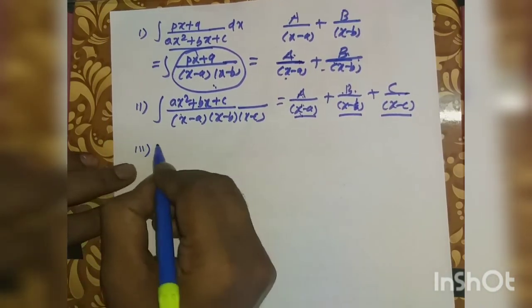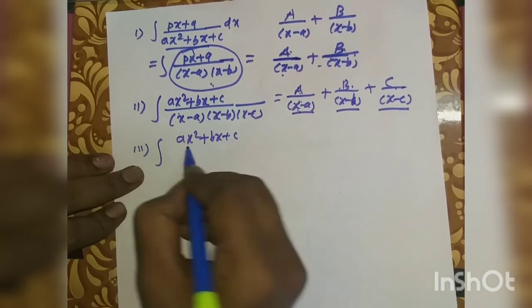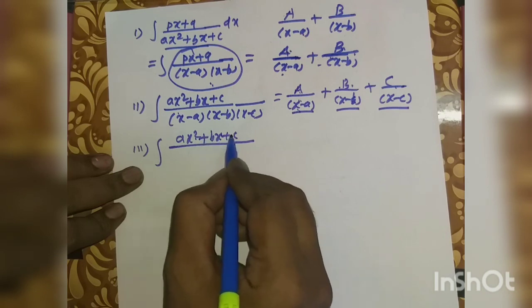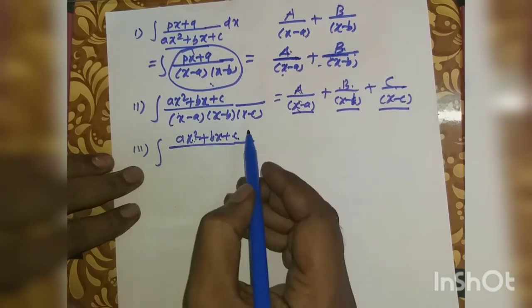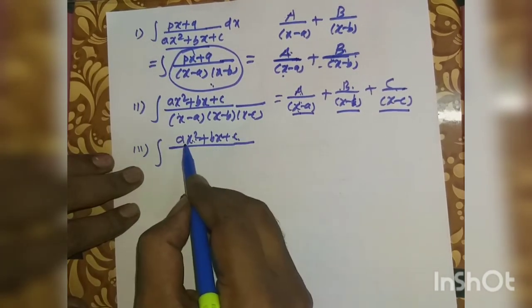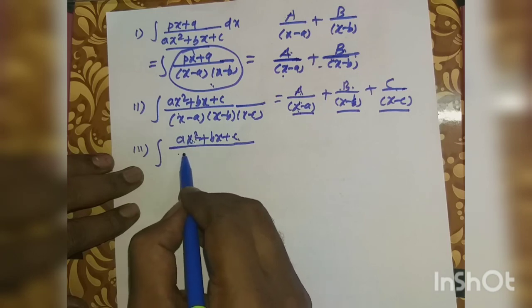Third is the integration of a constant or linear equation divided by a quadratic equation. The numerator is always not a quadratic equation; it is px plus q or a constant, but the degree of the numerator is always less than the denominator.